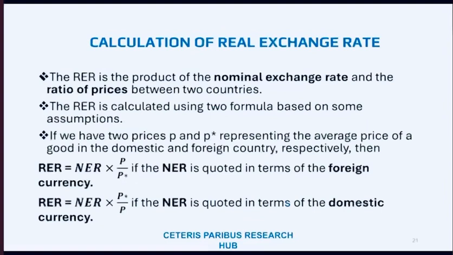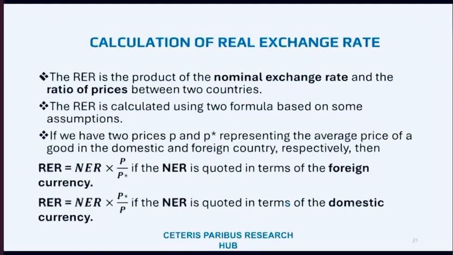In this case, the leone becomes the quoted currency. So the price ratio will change from P over P star to now P star over P. So the domestic price will now be in the denominator. This is very key in exchange rate analysis for you to get a correct measurement of the real exchange rate.